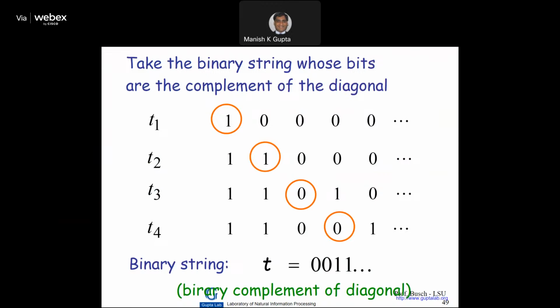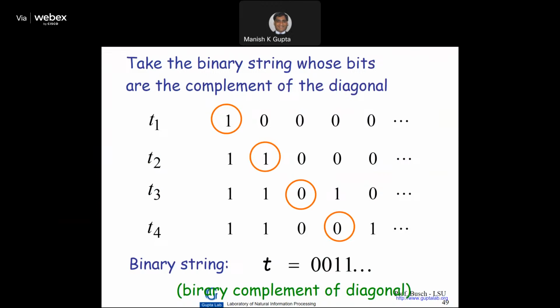The fourth element of T is the complement of the fourth element of T4. Like that we can continue, right? So this string will never appear in this list, right? But this is an element of the power set because every binary string corresponds to a power set element. So that means there is a contradiction. We assume that this list is countable, so every element should be there in this list, but there is a string which is not there in the list.